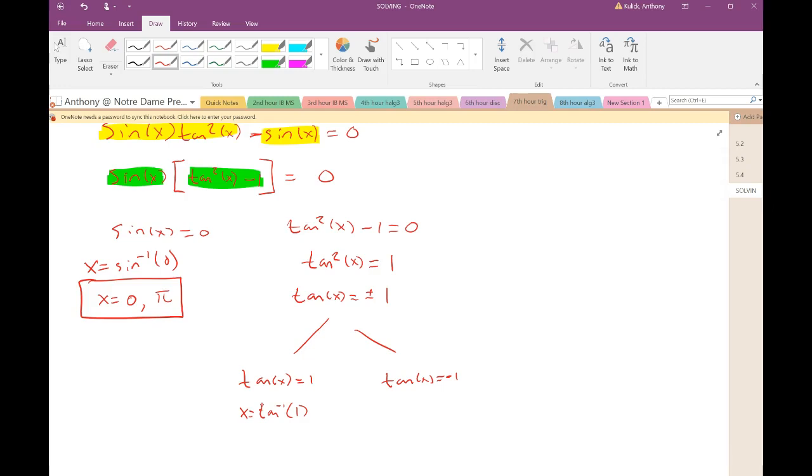So if I want y over x to be 1, I'm looking for specifically when x and y have the same value. Everybody okay with that idea? So if I go on my unit circle, I see that happens when we have pi over 4. And then it happens again at 5 pi over 4. Everybody okay there?